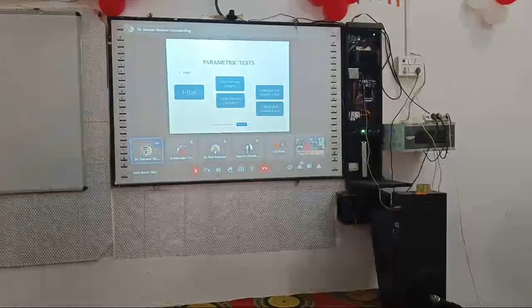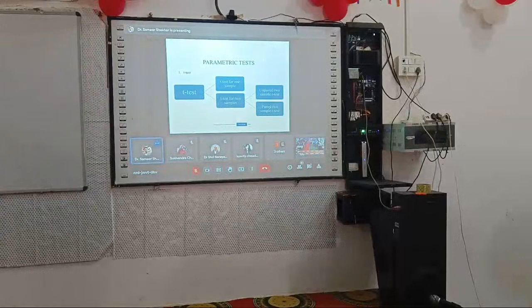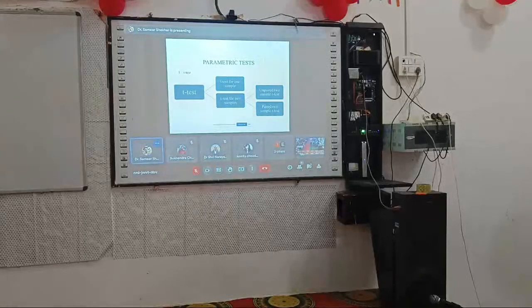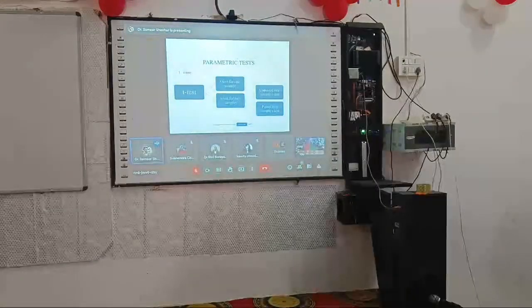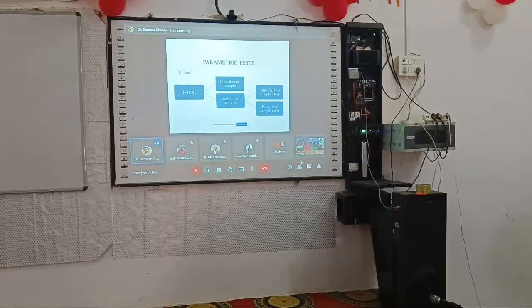What is a paired t-test? It is when we apply things twice on the same sample. Suppose that before giving certain medication, what was the result? What was the impact on those five subjects? And after applying those medicines, what is the impact on those 5 subjects? So that will be compared.